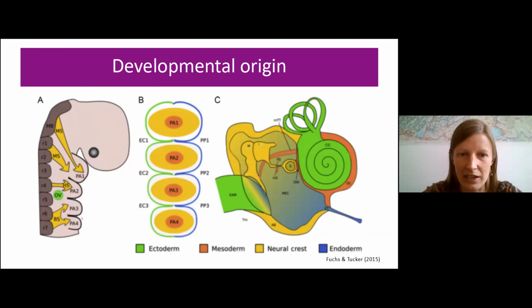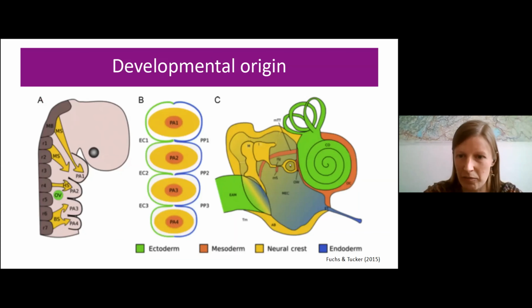The ear comes from the 2 pharyngeal arches, PA1 and PA2, and these pharyngeal arches give different elements. The first pharyngeal arch gives rise to 2 middle ear ossicles, the malleus and the incus, M and I on the right side figure, whereas the second pharyngeal arch gives rise to the stapes, S on the left and right figure.